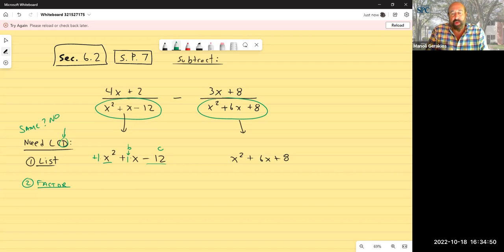It's an invisible 1. So when we factor this, x times x is going to make the x squared term, the F in FOIL. And then what's going to complete the terms are the factors of C. C is -12, and they're going to add up to 1. The factors of 12 that have a difference of 1 are 3 and 4.